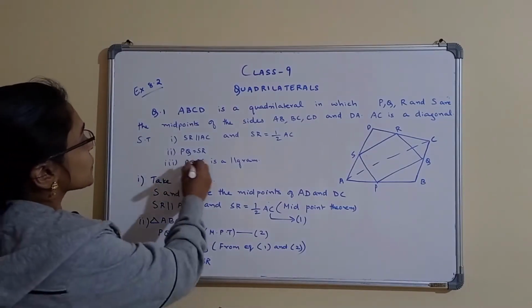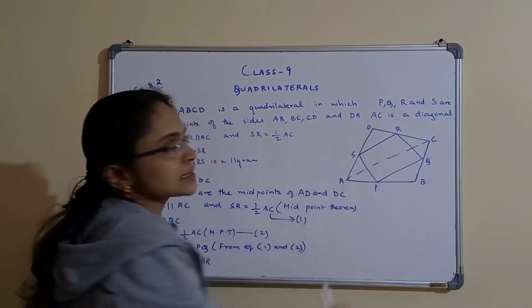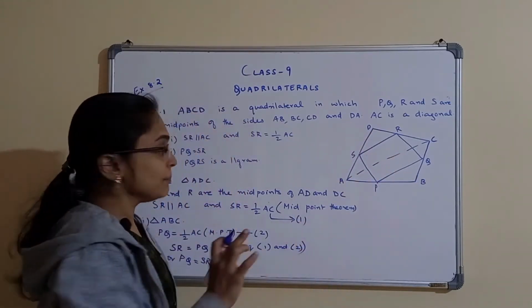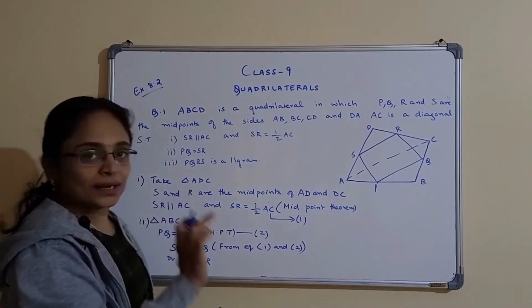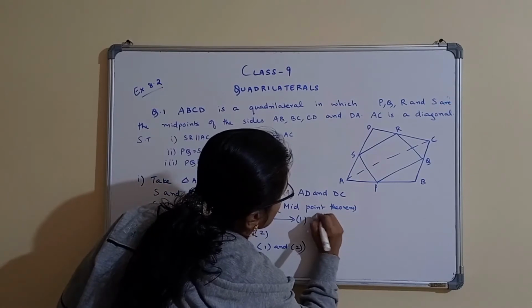Okay. Now, we will prove the third part. We have to prove that this PQRS is a parallelogram. So, we are proving the third part.